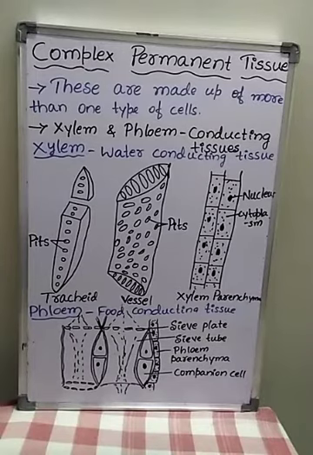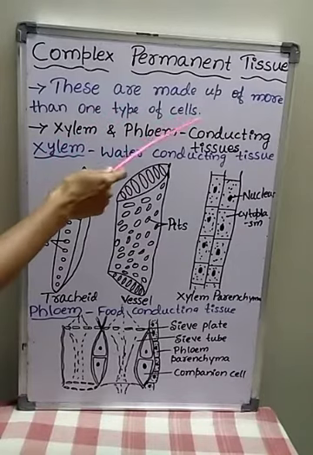Simple permanent tissues are made up of the same type or only one type of cells, whereas complex permanent tissues are made up of more than one type of cells.